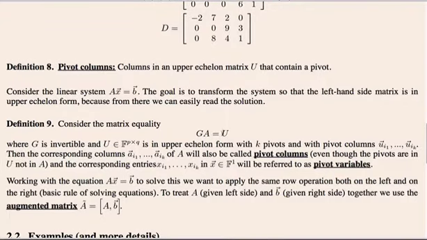So U usually denotes upper echelon form. So let's say that G is invertible and U is already in upper echelon form with k pivots and with pivot columns U_i1, ..., U_ik.